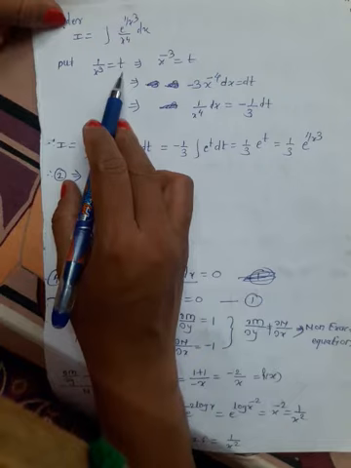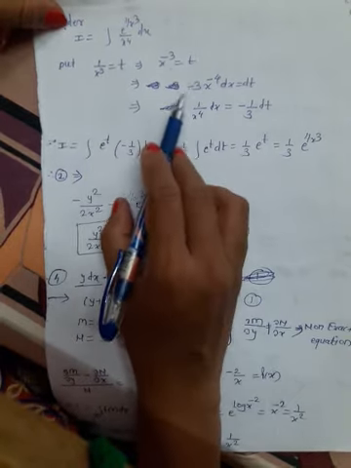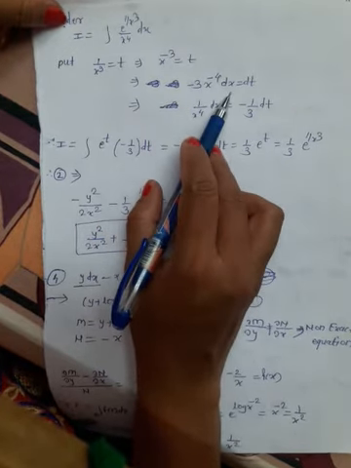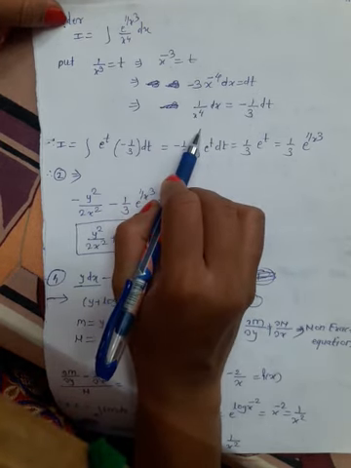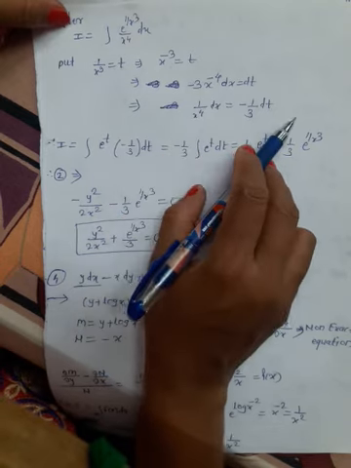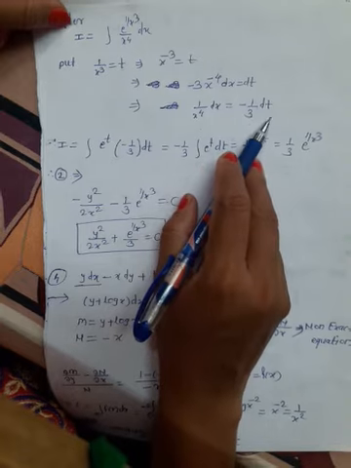1 upon x cube is t. Take the derivative on both sides, meaning x raised to minus 3 is t. The derivative is minus 3, x raised to minus 3 minus 1, that is minus 4, dx equals dt. Take x raised to minus 4 to the denominator as positive index and minus 3 on that side. 1 upon x raised to 4 dx becomes minus 1 by 3 dt.